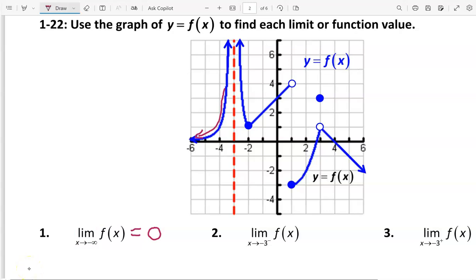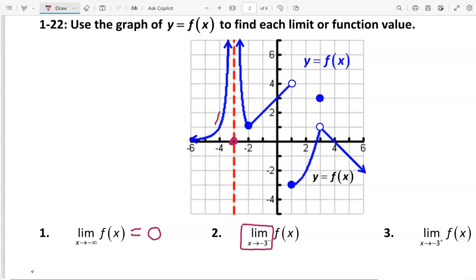For number 2, we are looking at the limit of f of x as x approaches negative 3, and that superscript that is a negative on the right side of the 3 means from the left. If we go to x equals negative 3 on the graph, we notice there's a vertical asymptote there, and there is no actual point on the graph of the function.